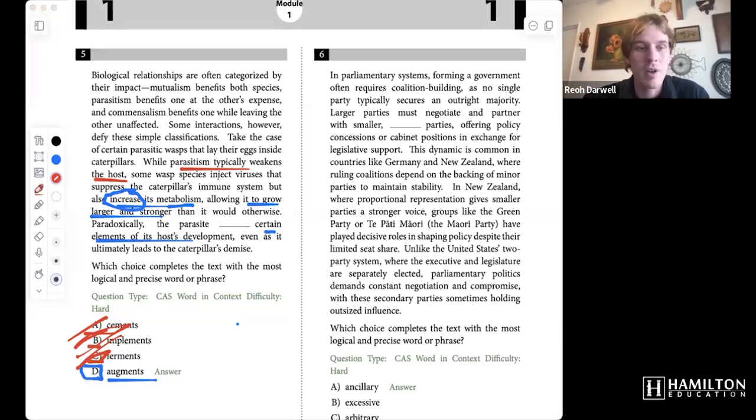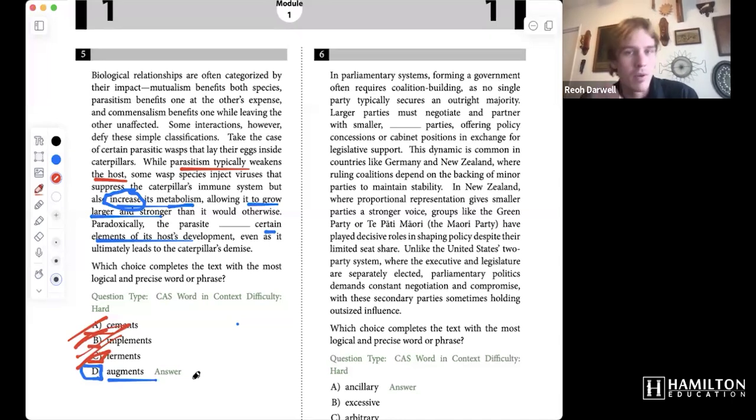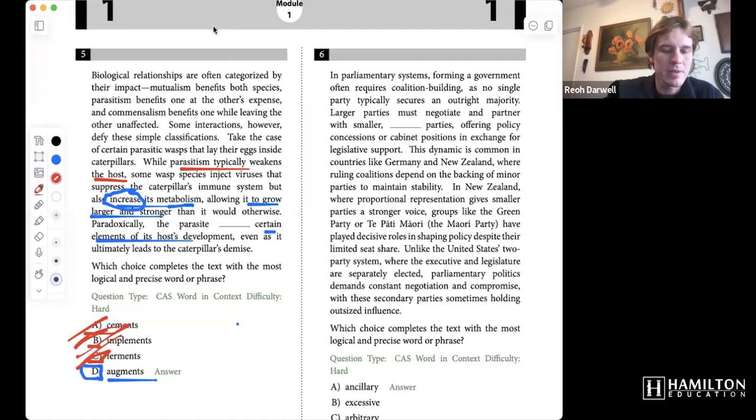That's really all it is. It also works as a noun sometimes, like agitate. For example, the country was in the throes of political ferment, meaning everyone's all agitated about politics. But a noun wouldn't make any sense here. So that's how we get to augments.